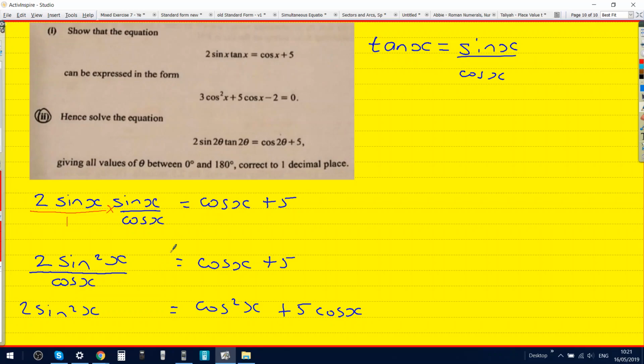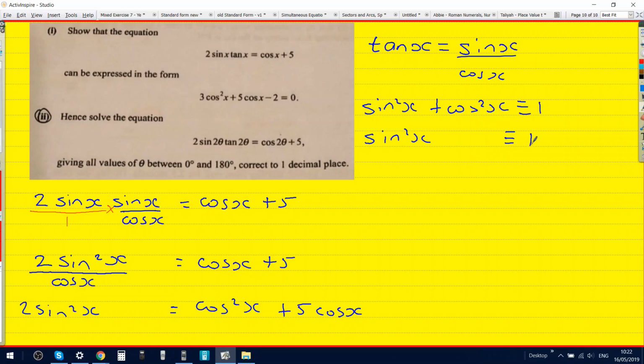Is there a way that sin x can be written in the form of cos? Do you know it? No, I don't know. Sine squared x plus cos squared x is equal to 1, basically. And so sine squared x is equal to 1 minus cos squared x.